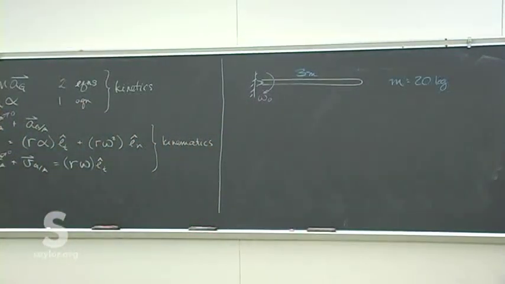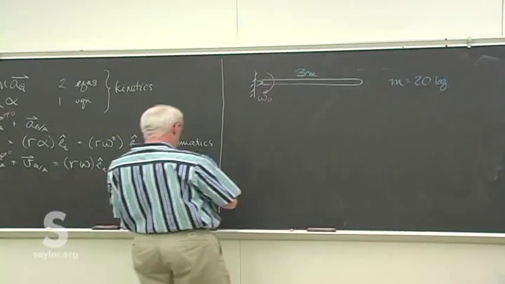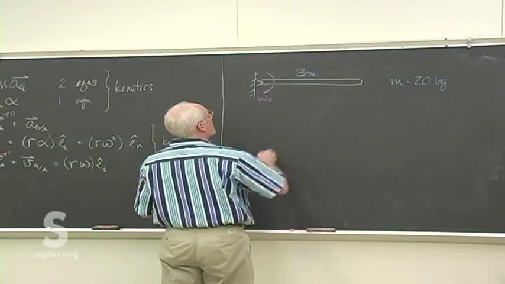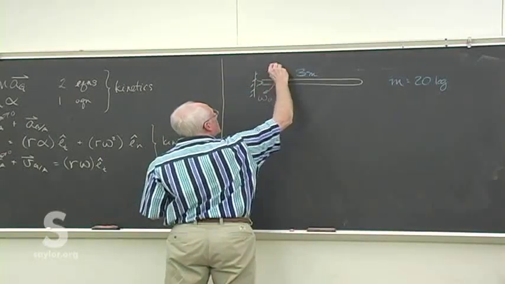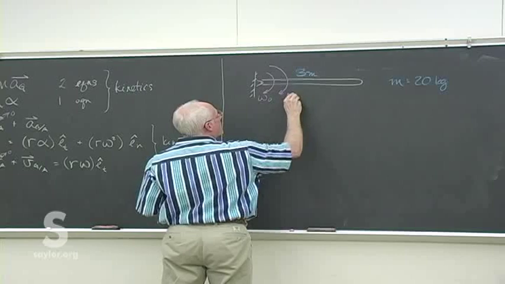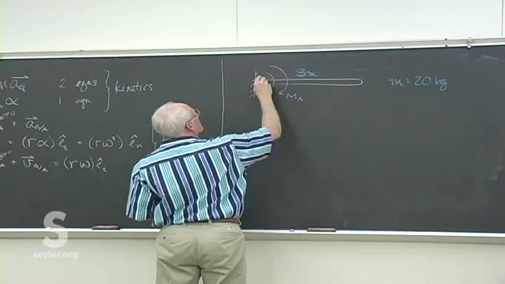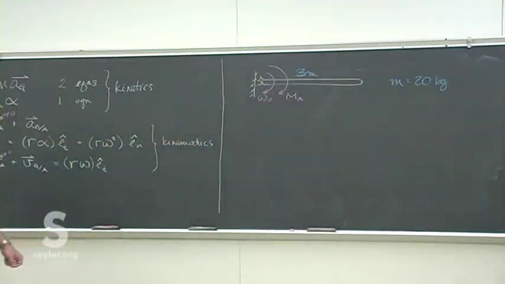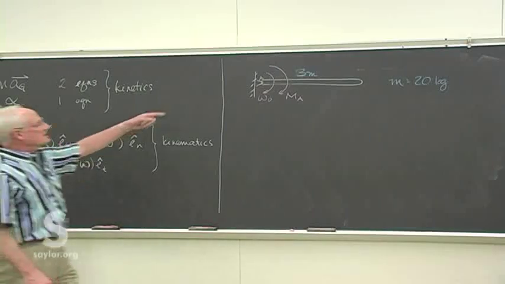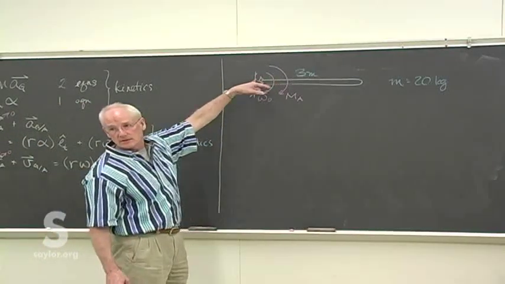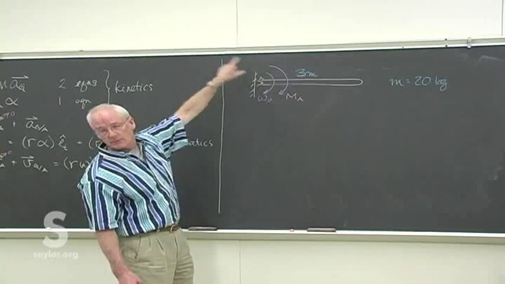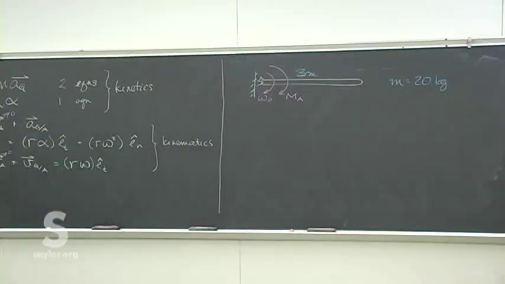And just at that instant, as it's rotating past the horizontal, a moment is applied about this point. Maybe we'll call it A, certainly rather than G, because G is at the center. The type of thing you do, if this is some kind of hatch coming down and you need to apply a braking moment, you'd apply one in the opposite direction, and it might not occur until some particular point in the motion.